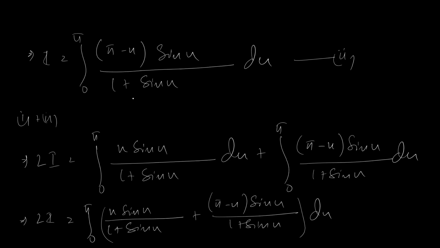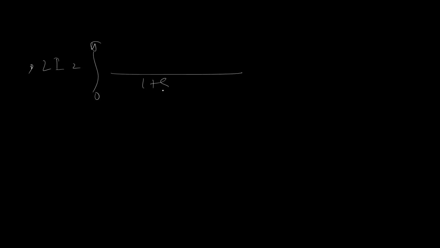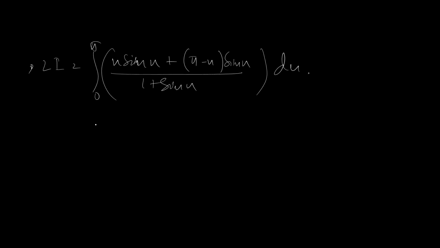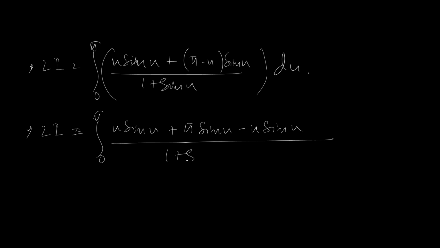So twice I is the integral from 0 to pi of [x sin x plus pi sin x minus x sin x] by 1 plus sin x dx.